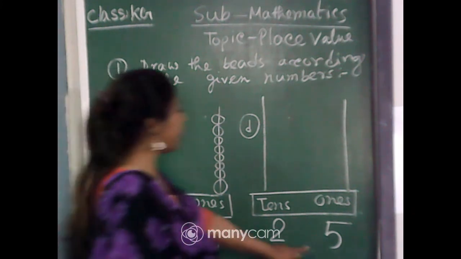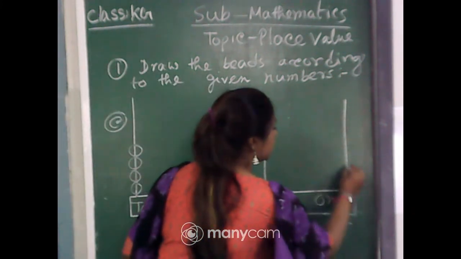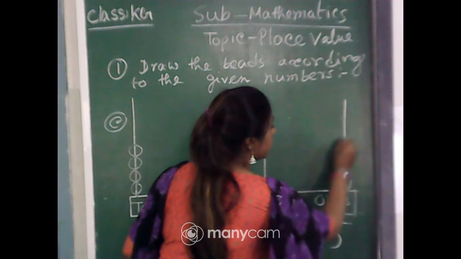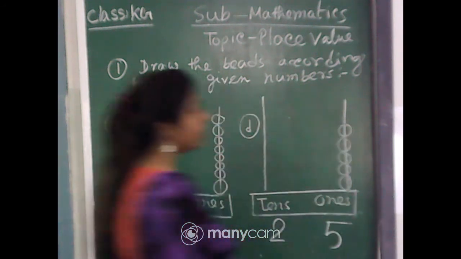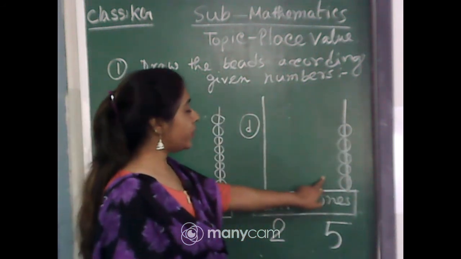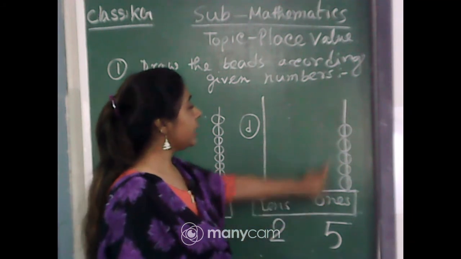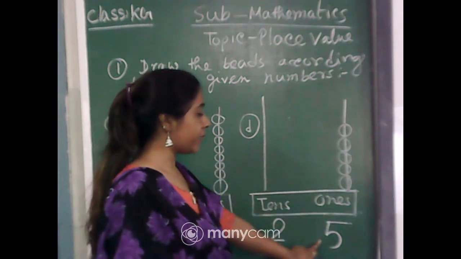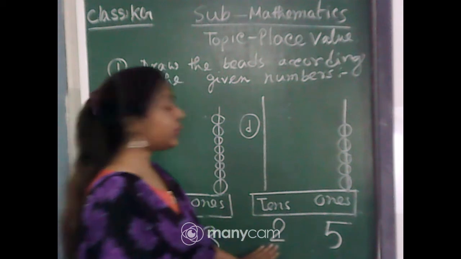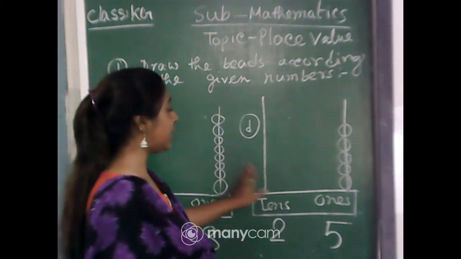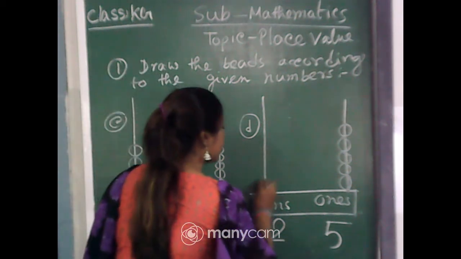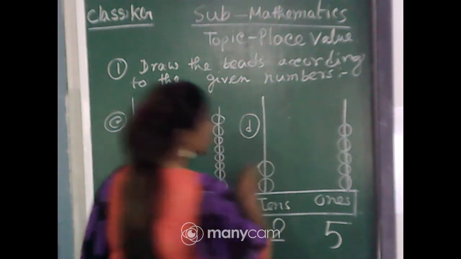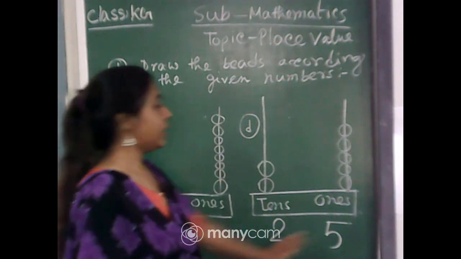So now 5 ones means 1, 2, 3, 4, 5. We will draw 5 beads in the ones column. And 2 tens means in the tens column only 2 beads, 1, 2. That means 2 tens, 5 ones.